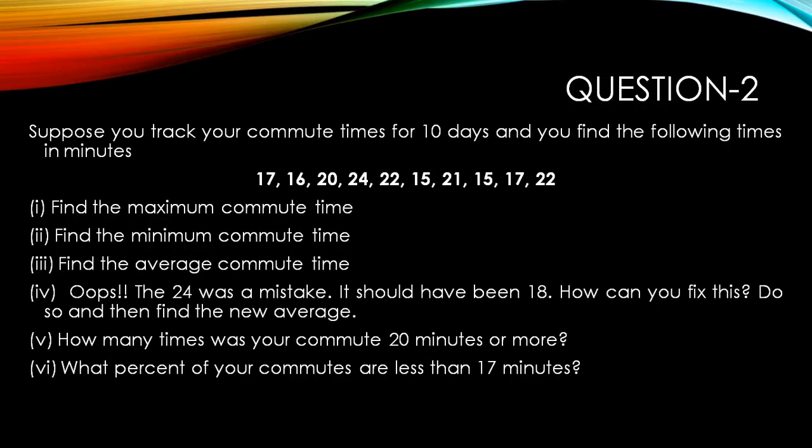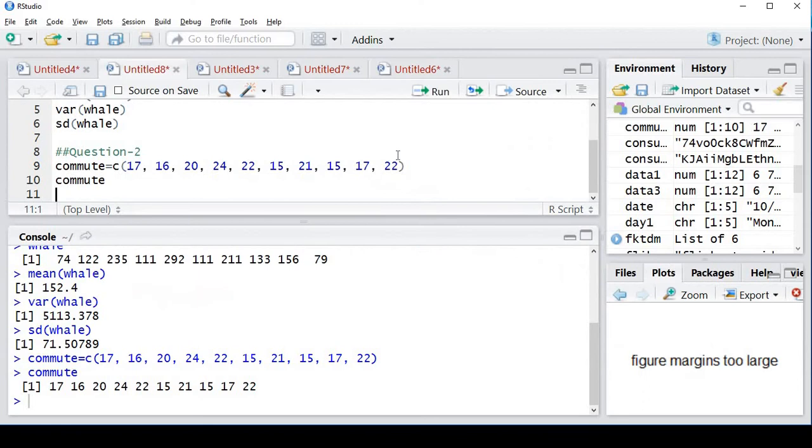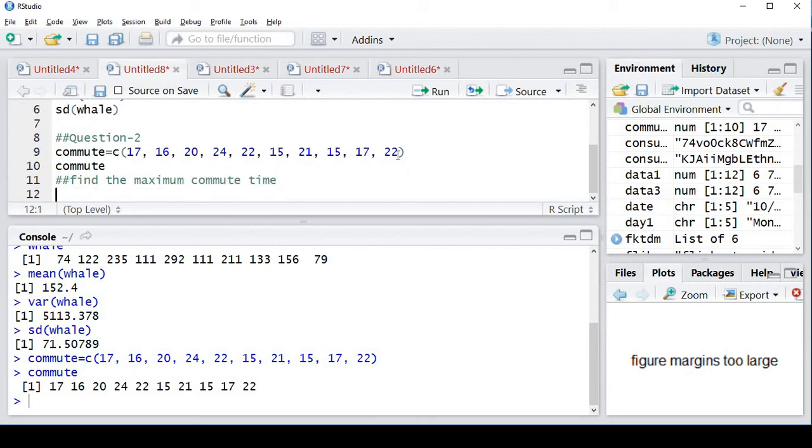Now let's try to solve the questions. Part 1, I have to find the maximum commute time. How do I calculate the maximum commute time?